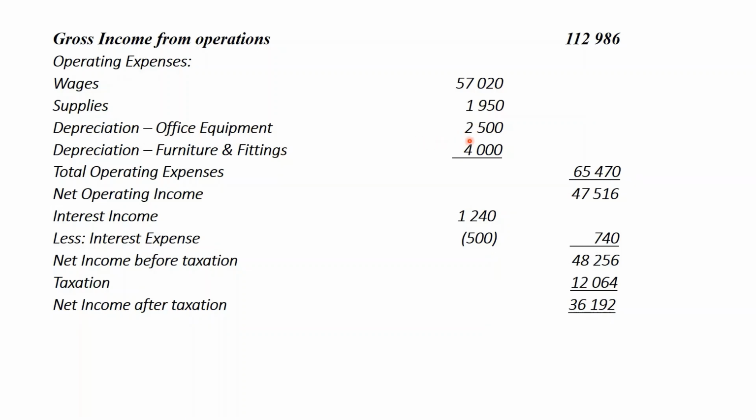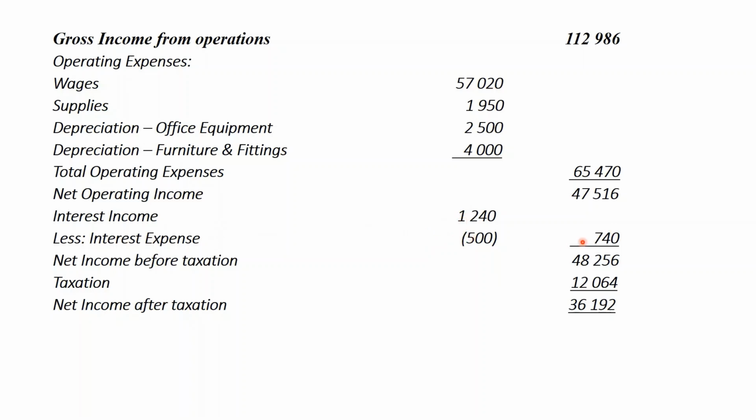2,500 and 4,000. We add them together and we get our total operating expenses, which we take from the gross income, and we get net operating income. The interest income, and we can take the interest expense out of it.